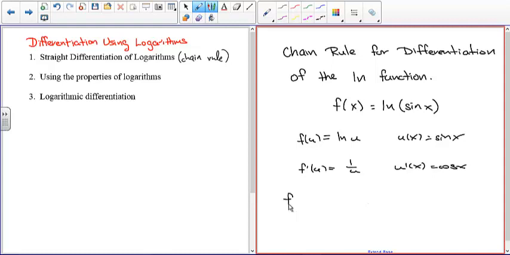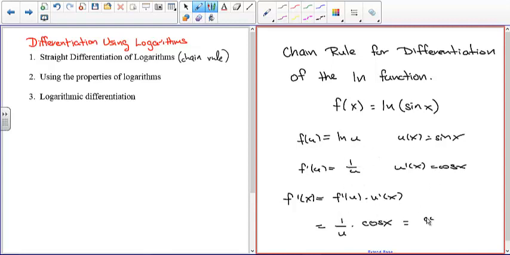And then the chain rule says that f prime of x equals f prime of u times u prime of x. So we substitute in 1 over u for f prime of u and cosine of x for u prime of x. And finally we stick in u, which was the sine.